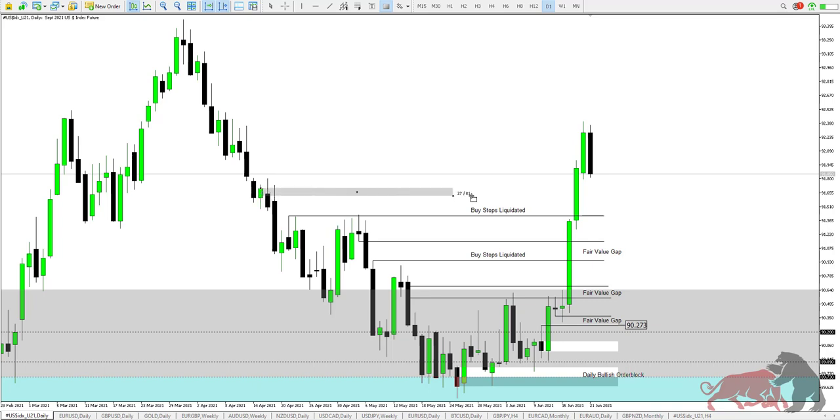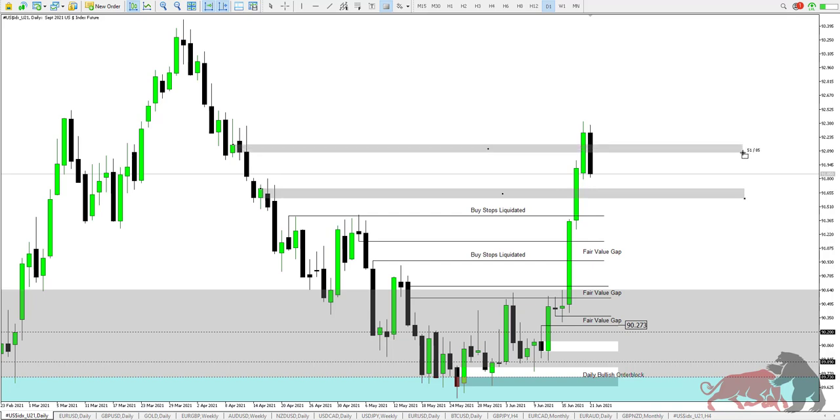That means you're outlining old premium areas that have been violated to the upside. Number 1, we've got this bearish order block here, and then we also have this bearish order block right here, and then we've got the third one in the range, which is this one, right?